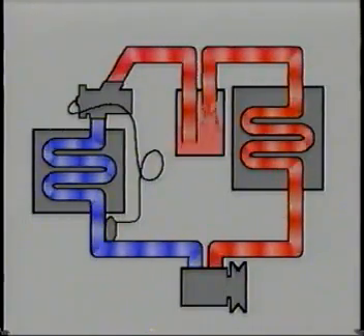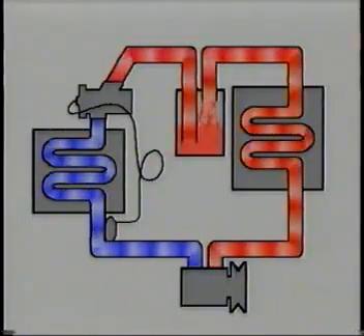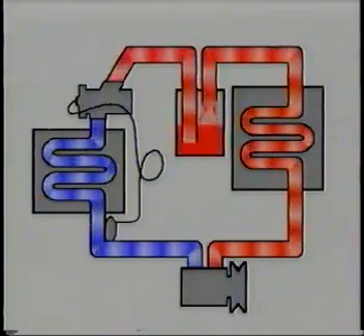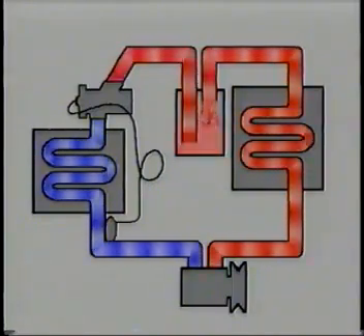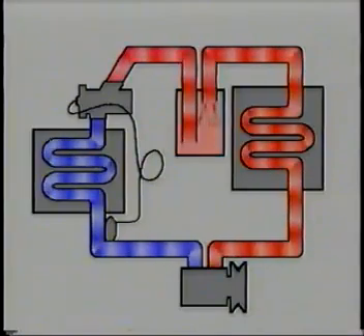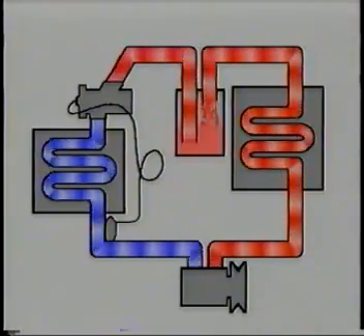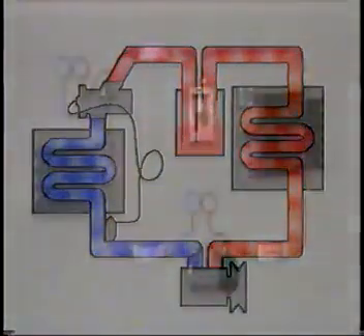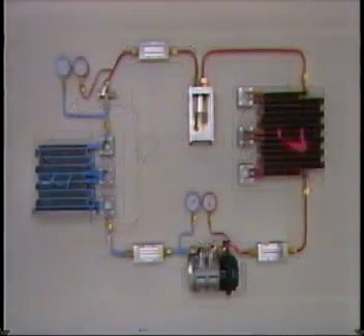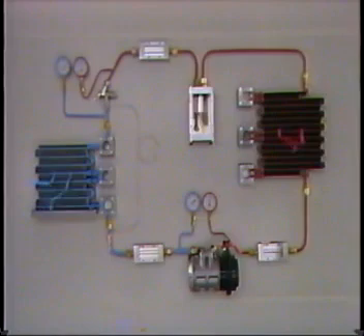Now, based on what we have learned so far, let's see how a refrigerant actually changes into a gas and back into a liquid again. This is special equipment we have designed so that we can actually see the flow of the refrigerant when the air conditioner is operating.